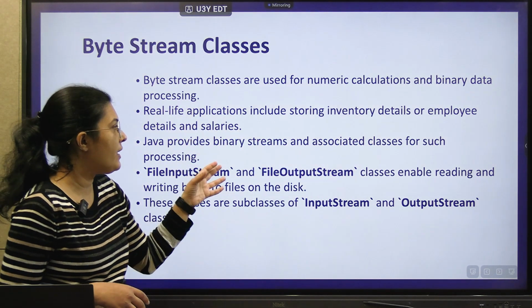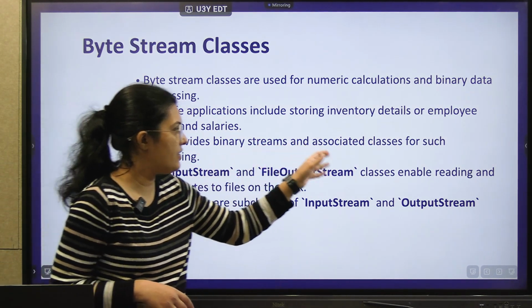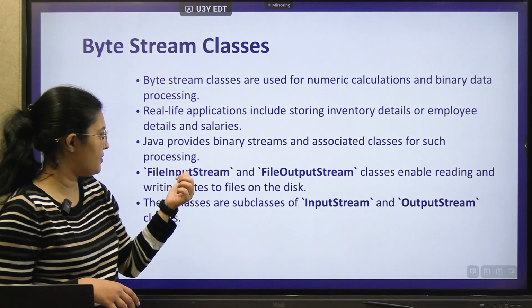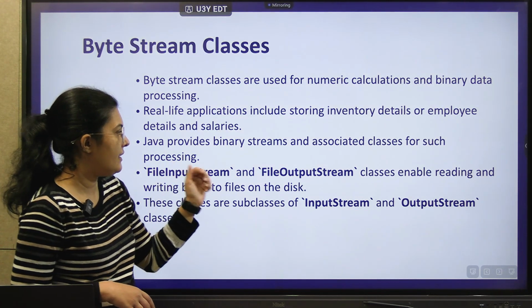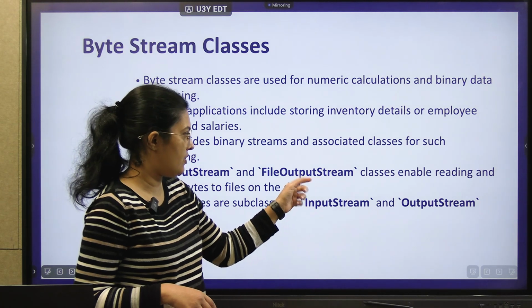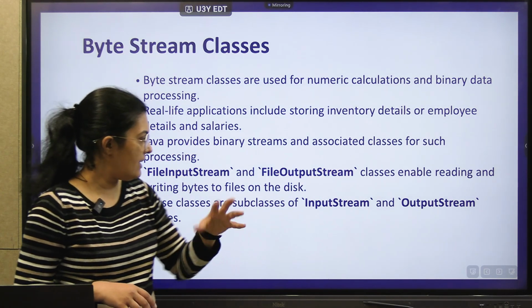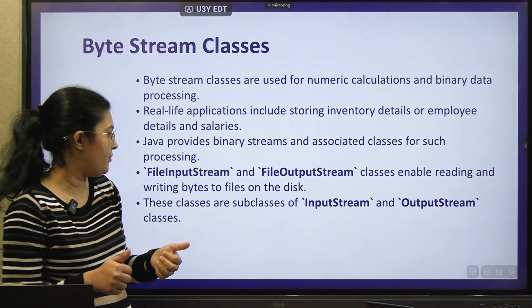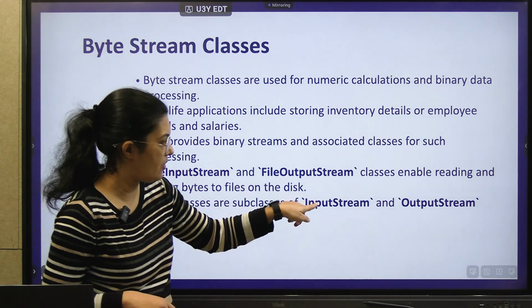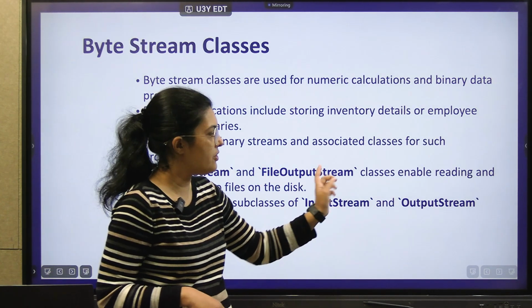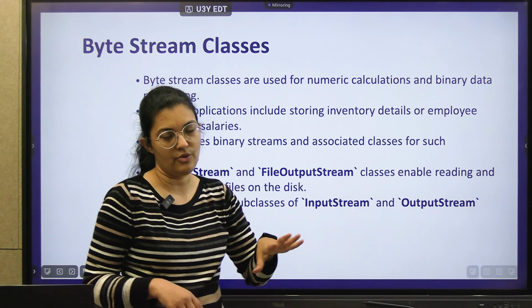It provides the binary stream and associated classes for processing. We have basically two classes, FileInputStream and FileOutputStream. These classes are used to read and write binary data from the file. FileInputStream is a subclass of InputStream, and FileOutputStream is a subclass of OutputStream.